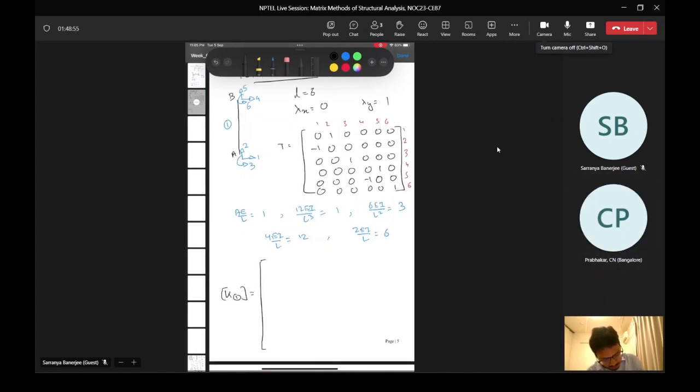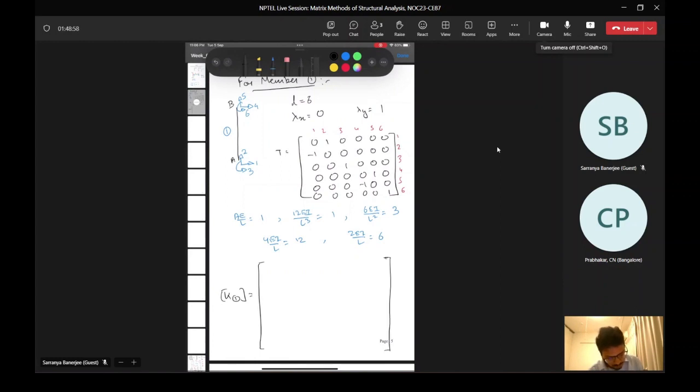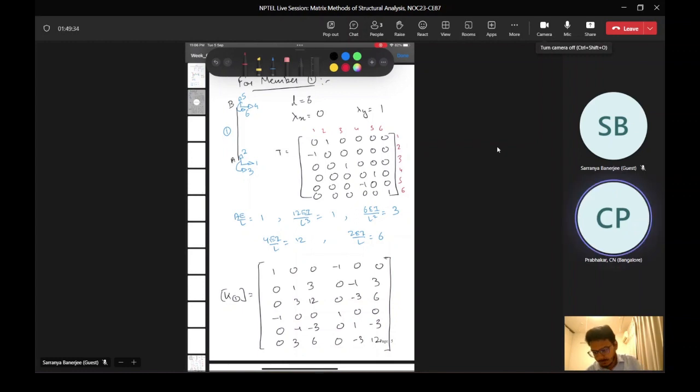K1. I will quickly write the stiffness matrix without consulting you, but I will take your help for the global stiffness matrix. Did we follow?